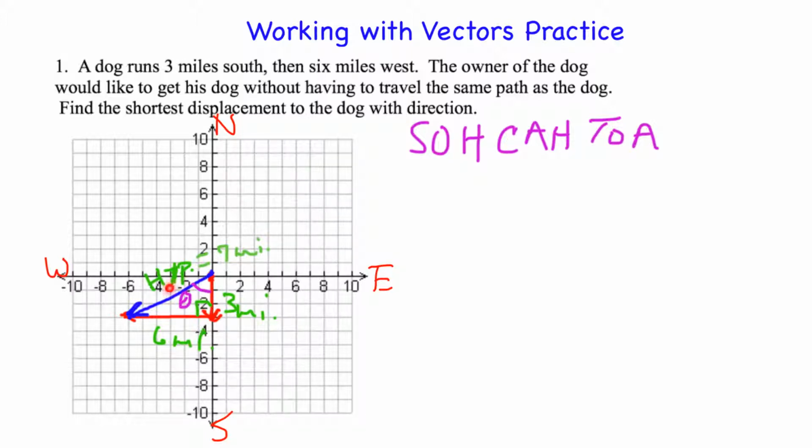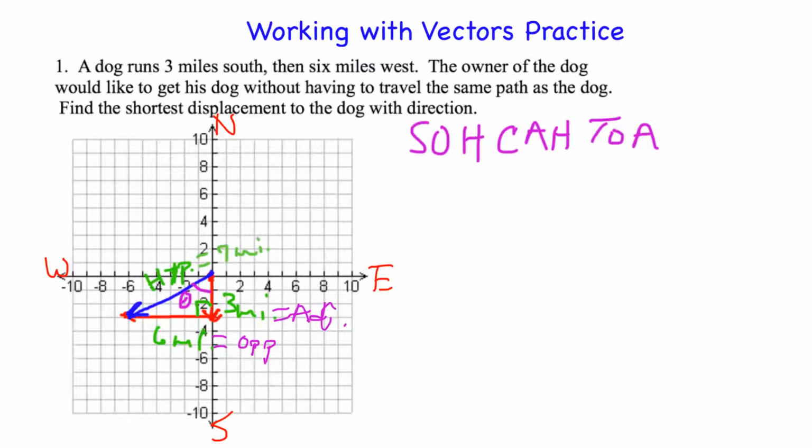So we're finding this angle theta here, and that means we have to use SOHCAHTOA. Now, since we're finding an angle, we're going to use the inverse of these functions. We already know what the sides are. So let's name our triangle based off of our angle theta. That means that this is going to be the opposite side, this one is going to be the adjacent side, and we already know this is our hypotenuse.